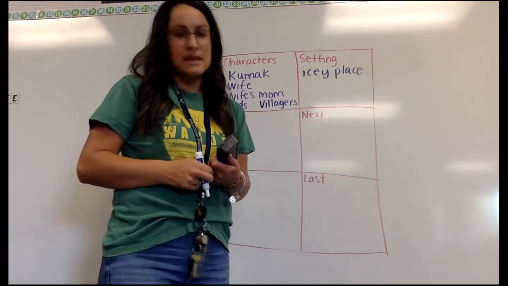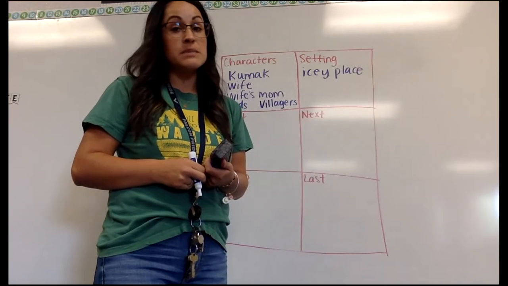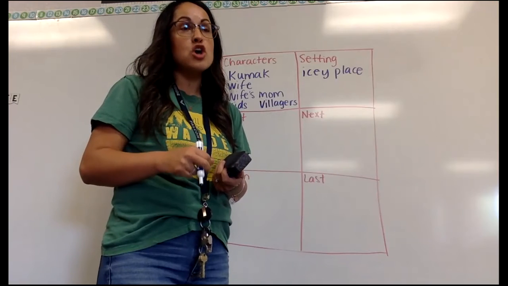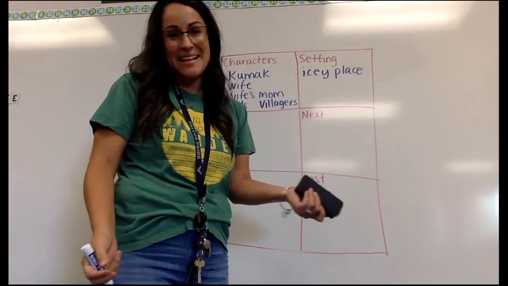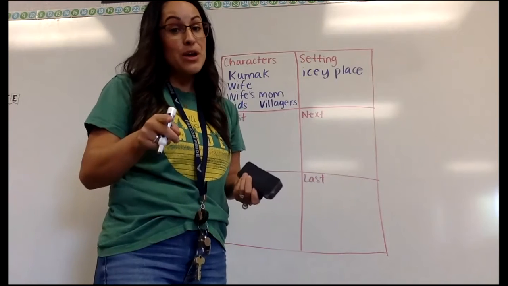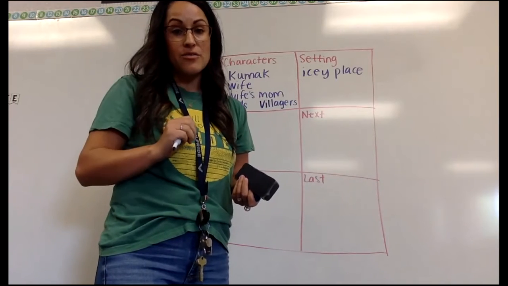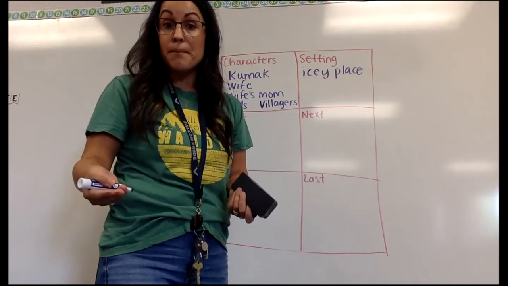And when did this story take place? Again, it wasn't specific. It didn't say on Monday, October 24th at 3 p.m. It didn't say that in the story. We do know that it happened from morning till night, right? Because in the beginning of the story, it said when they woke up.